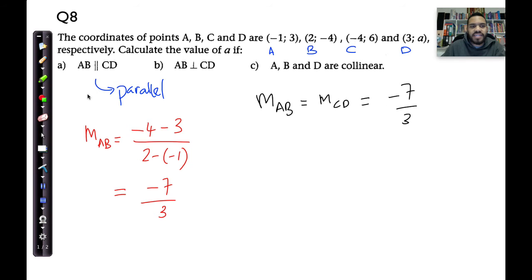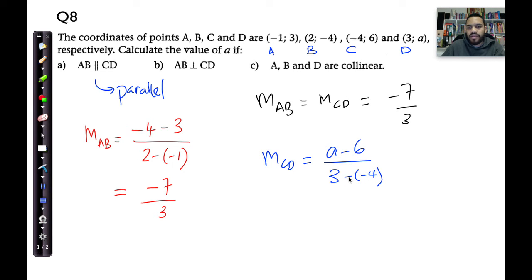Now from this I can actually construct an equation. What's my equation going to be? Well, the gradient of CD is equal to the D's y value, a minus 6, and then the x value, 3 minus -4.